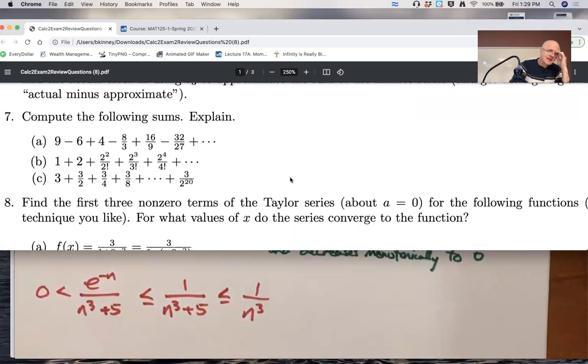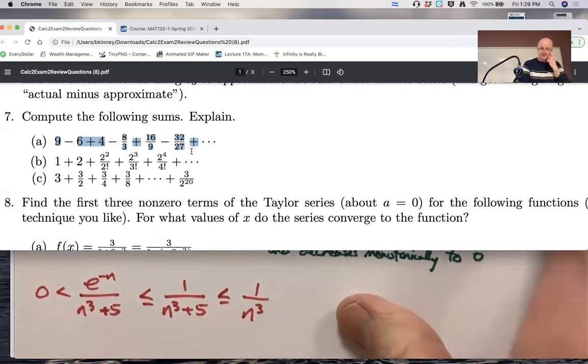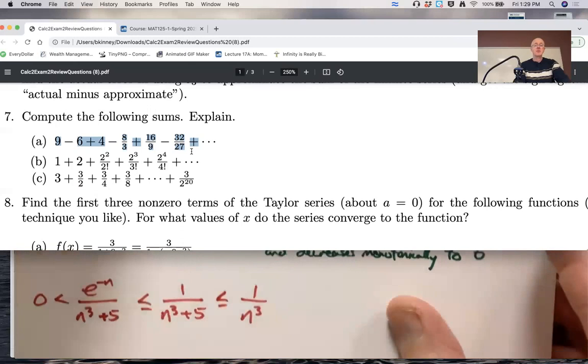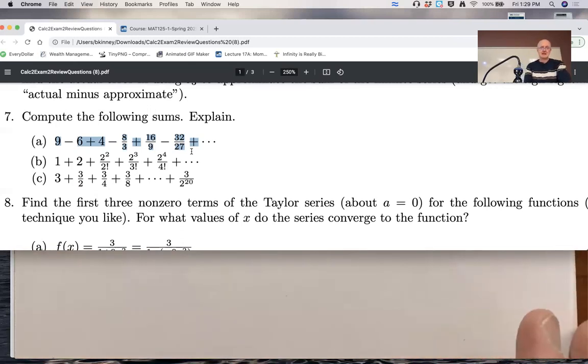Here's some problems that we haven't done a ton of examples like, but certainly A and C we have done to some degree. B is a little different. What would you say about part A? What kind of series is that? It's got a certain pattern.